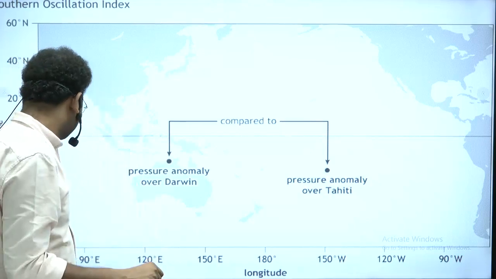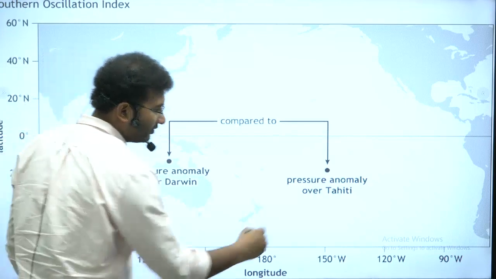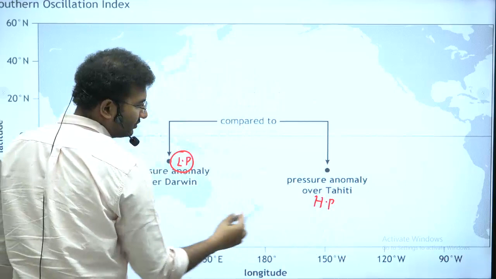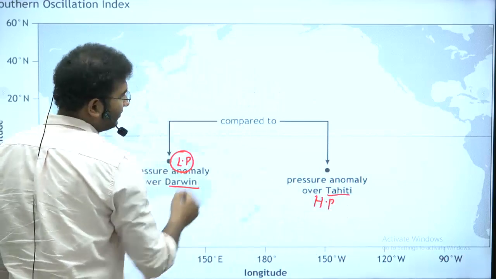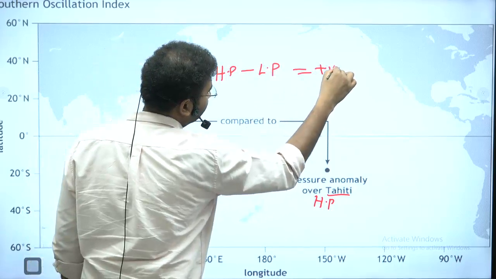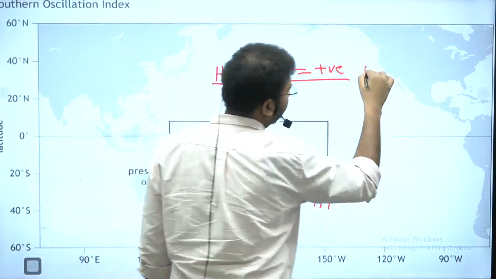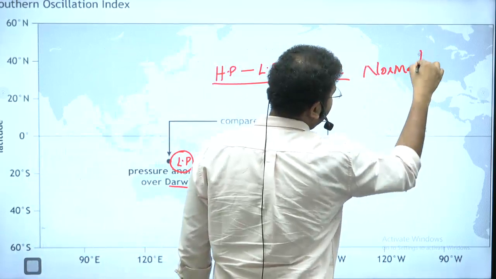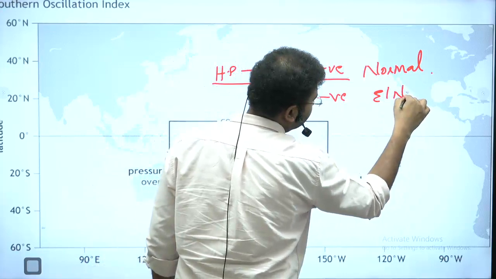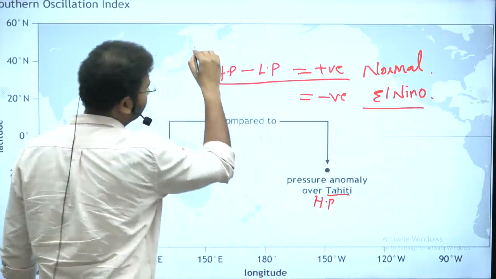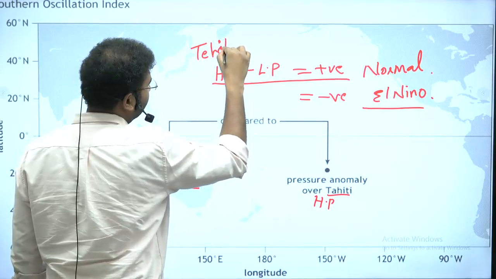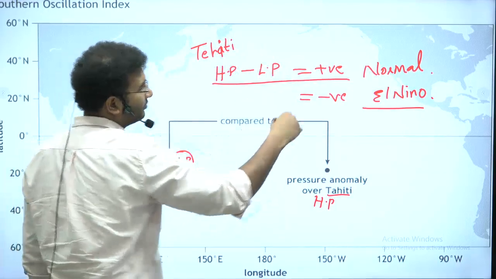So this is high pressure. Here you should have comparatively high pressure, here you should have low pressure. So Tahiti minus Darwin, that means high pressure minus low pressure, the value should be positive. Now this is considered to be normal conditions. If suppose this value is negative, this is called El Nino. Yes? Yes, positive value.